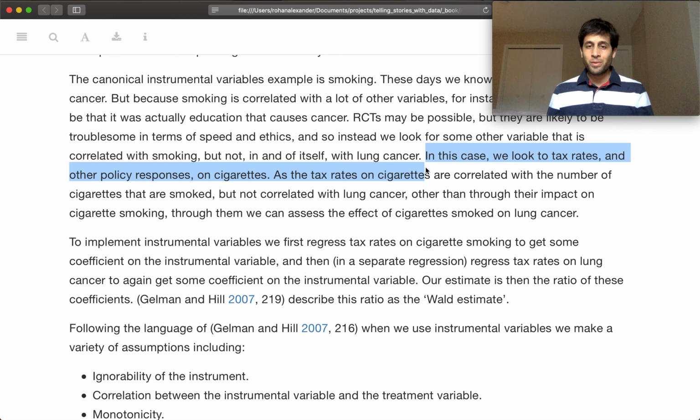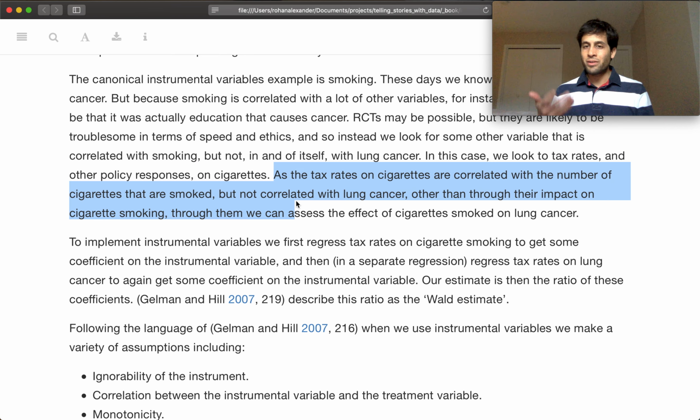And so we typically look to tax rates and other sort of policy responses and look at their effect on cigarettes. And then we look at the effect of cigarettes on health outcomes. And so you can see here that tax rates, or whatever similar sort of policy response you're putting in, they're not going to be correlated with lung cancer by themselves or worse health outcomes by themselves, other than through their effect on cigarette smoking.